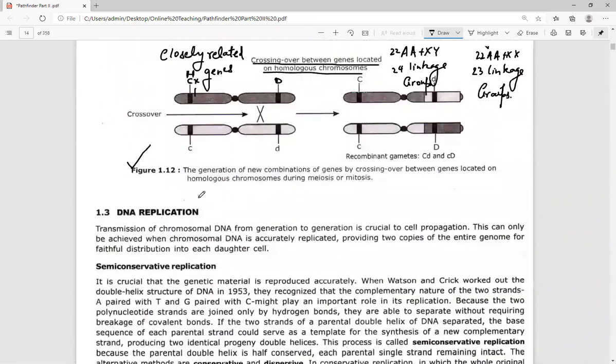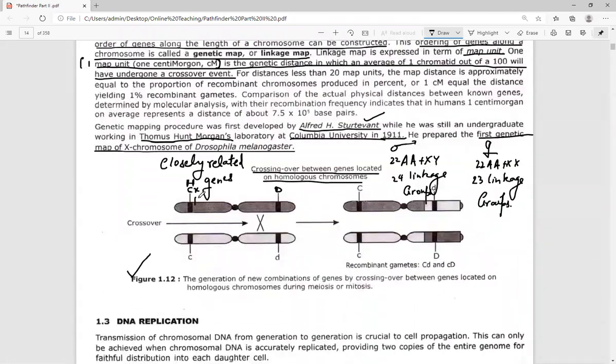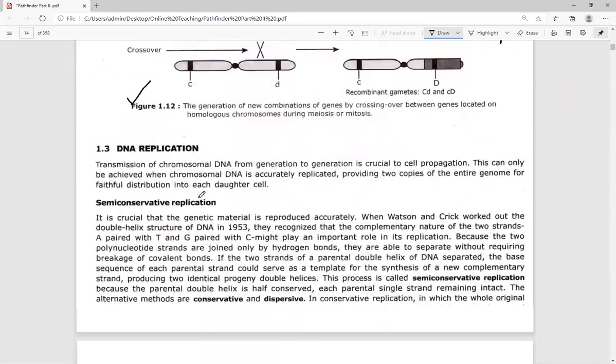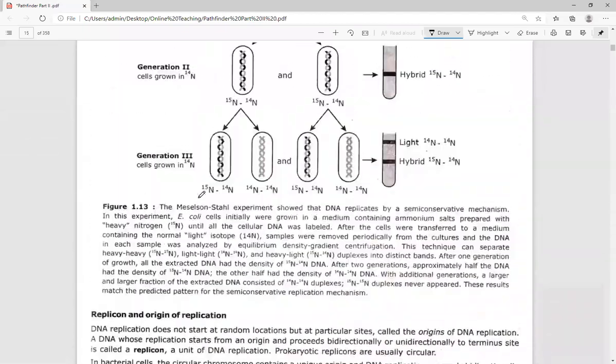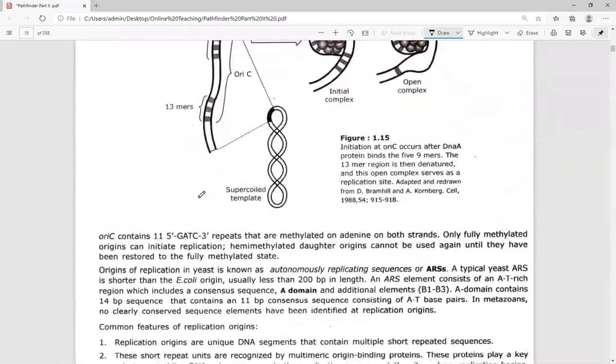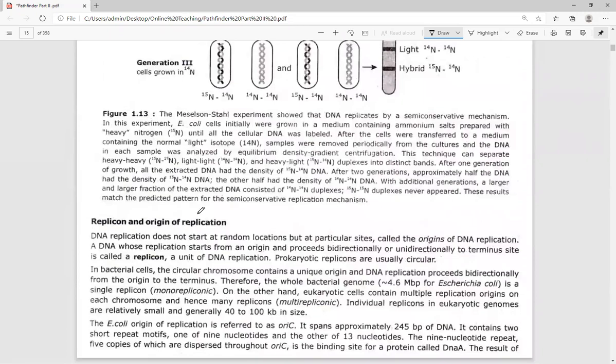Any doubt, any problem, you can just ask me. The next topic is about DNA replication. We are going to start DNA replication tomorrow, at least the enzymes of DNA replication, and then we'll move forward. Okay. Any doubt till now?